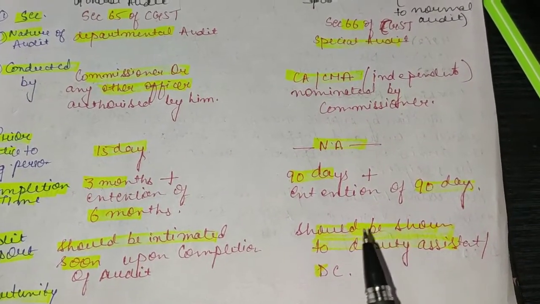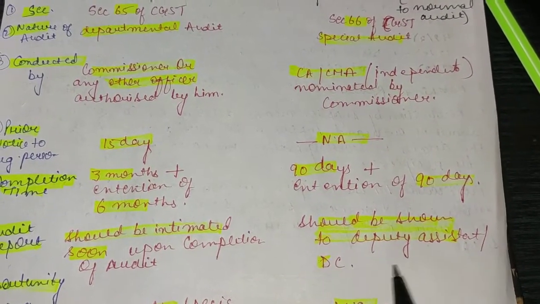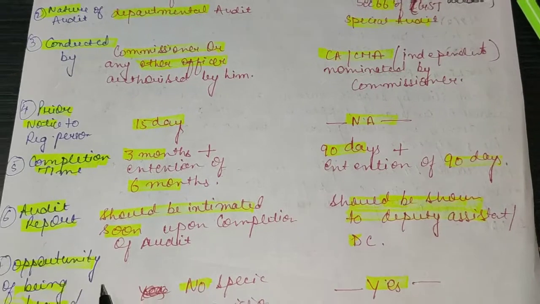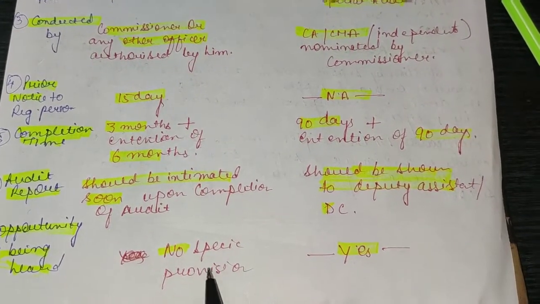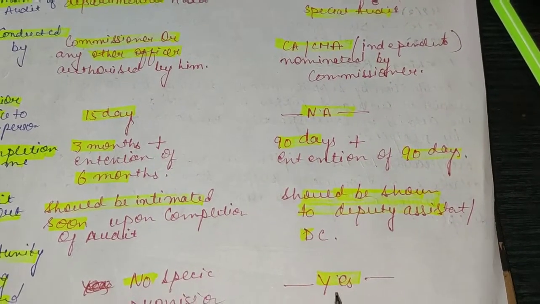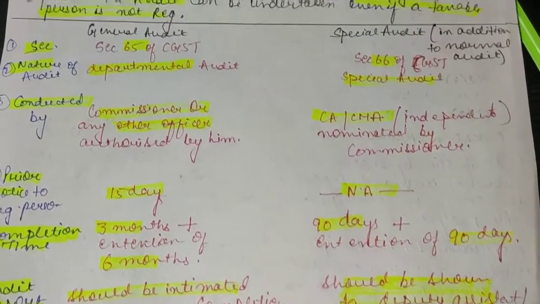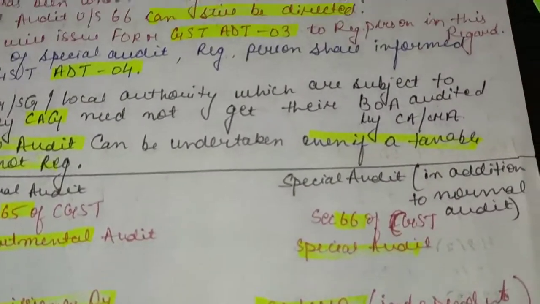But in case of special audit, it should be shown to the Deputy Assistant or DC. Now opportunity of being heard. In case of general audit, there is no specific provision, but in case of special audit, yes, there is a provision to be heard. So this is it for this video, that is audit under GST.